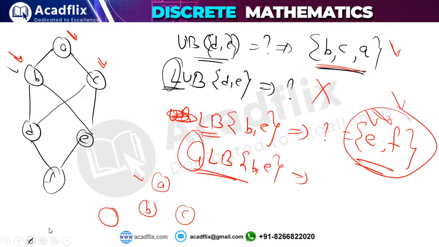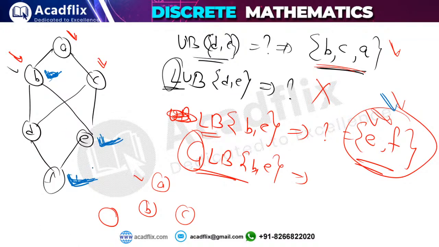After finding the lower bound, in this lower bound you try to find the greatest element. This is your lower bound, E comma F.